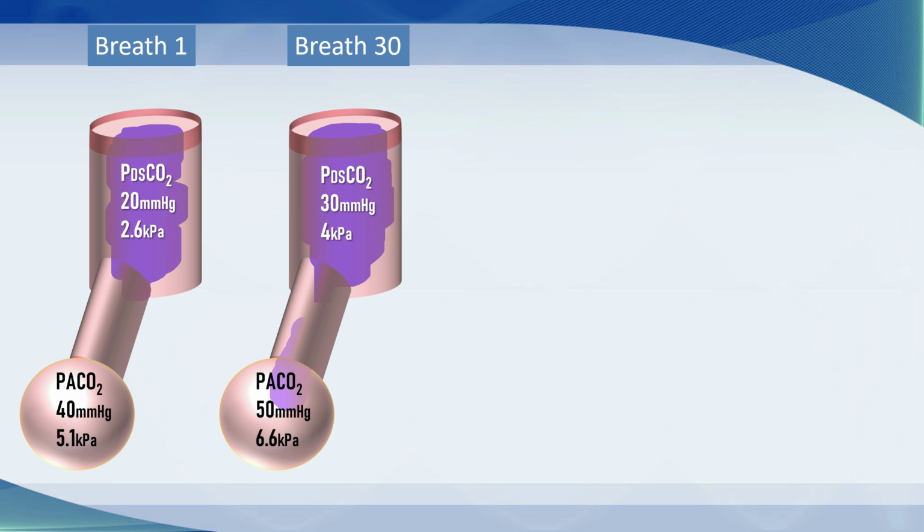The blood is picking up more CO2 as it's being produced in the tissue. So the partial pressure of pulmonary arterial CO2 has gone up. And so some of this CO2 starts now to make its way up along the gradient, along the dead space, the anatomical dead space, up into the main airways. So the dead space CO2 now is going up to 30 millimeters of mercury, or 4 kilopascals.